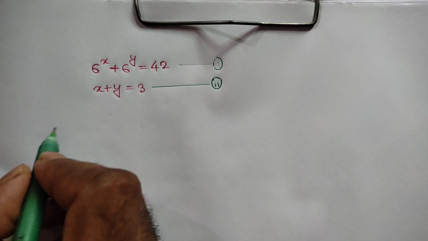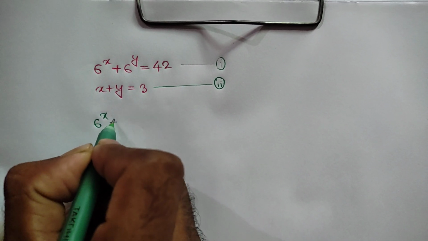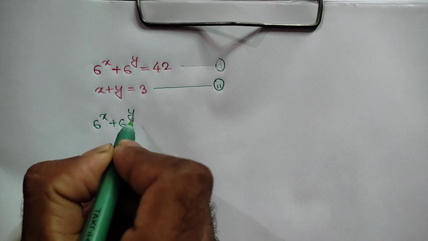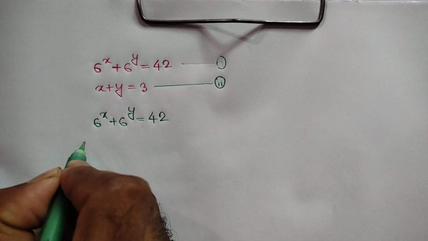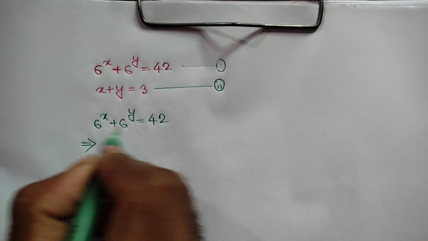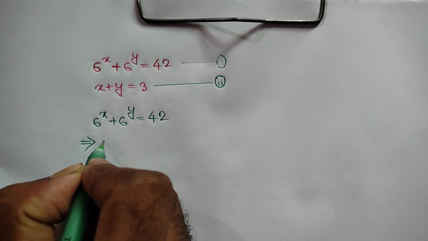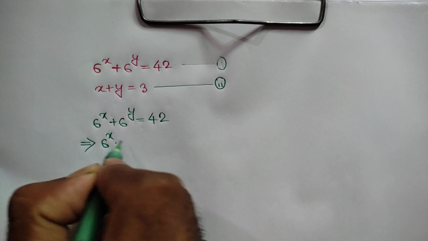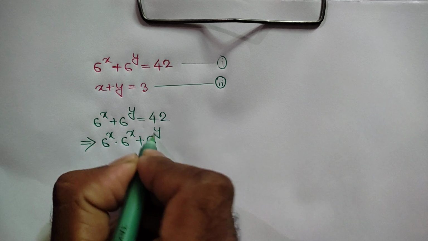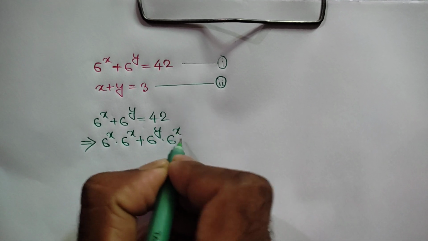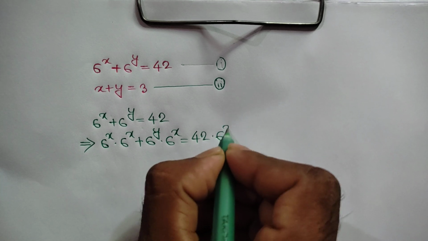Now equation number 1: we get 6 to the power x plus 6 to the power y is equal to 42. Multiplying both sides by 6 to the power x, we can write 6 to the power x times 6 to the power x plus 6 to the power y times 6 to the power x is equal to 42 times 6 to the power x.